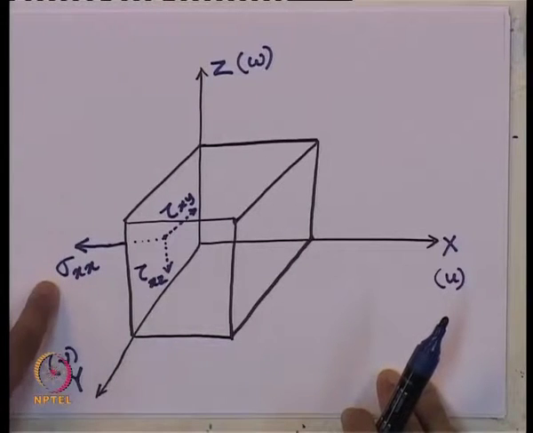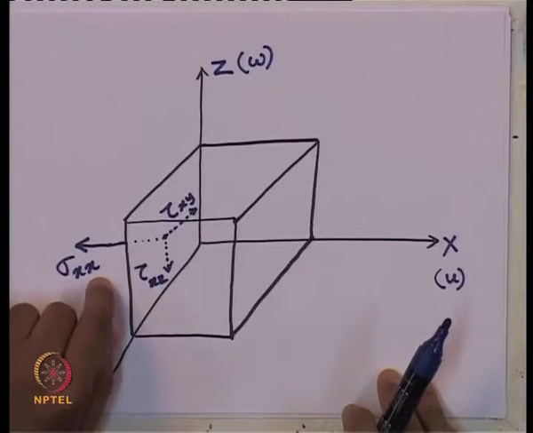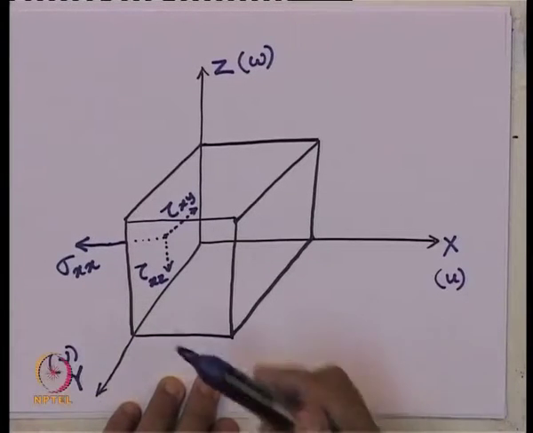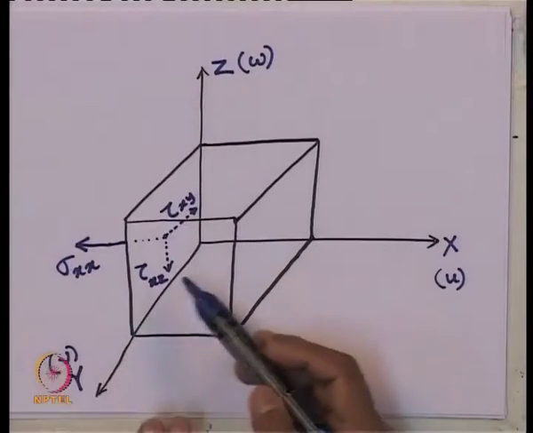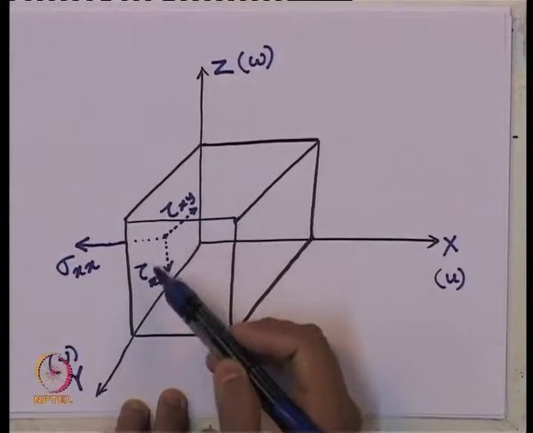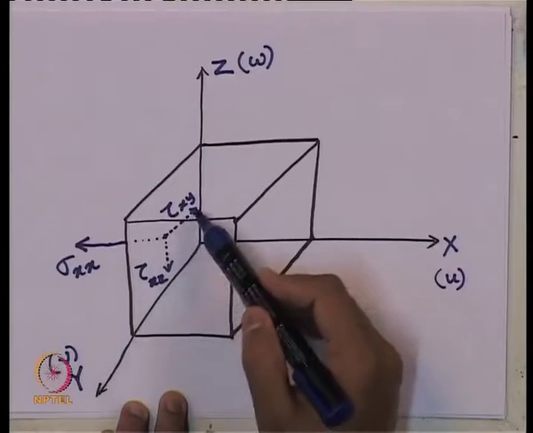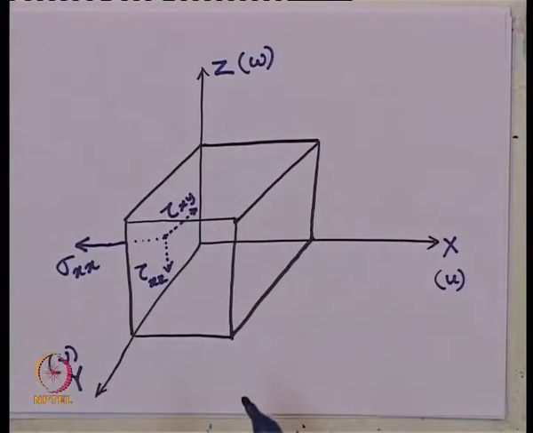So, for normal stress sigma x x, it is acting on x plane in the direction of x, because it is a normal stress. For shear stress, this is acting on x plane, but in z direction, so that is why tau x z. And this shear stress is acting on x plane once again, but in y direction, so tau x y.